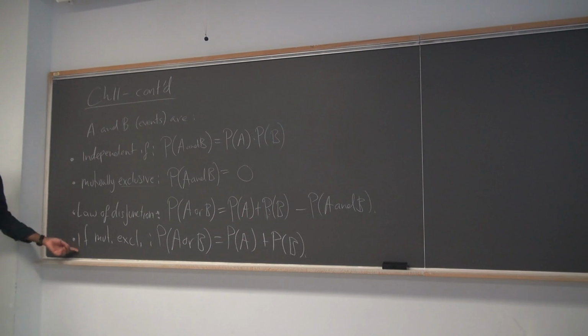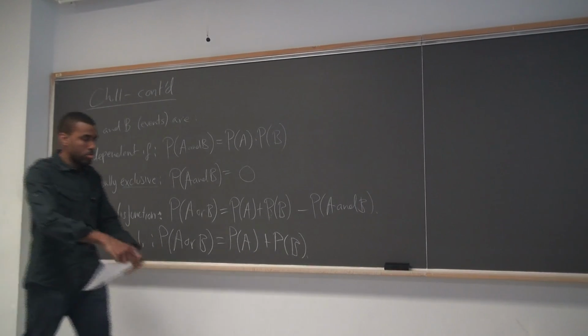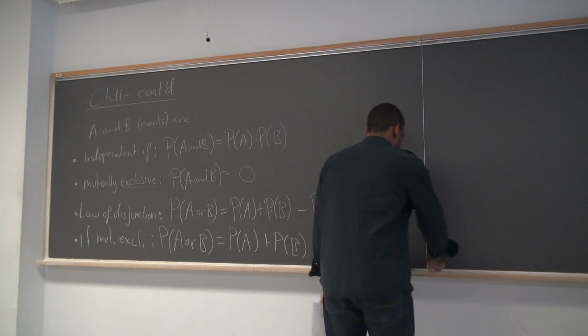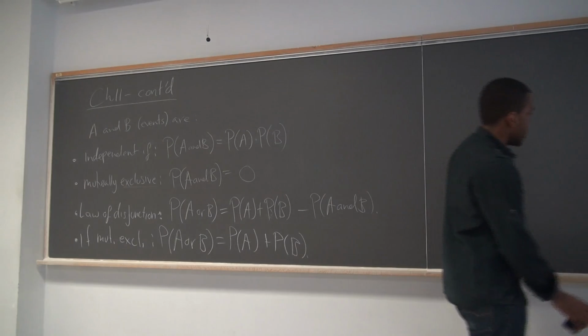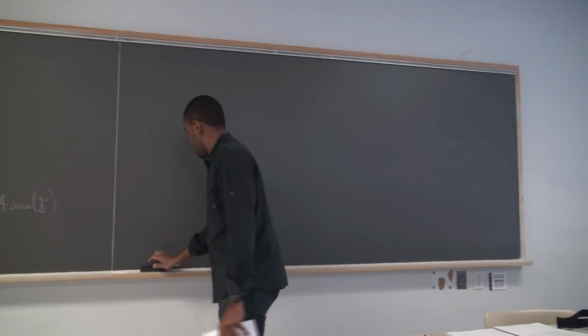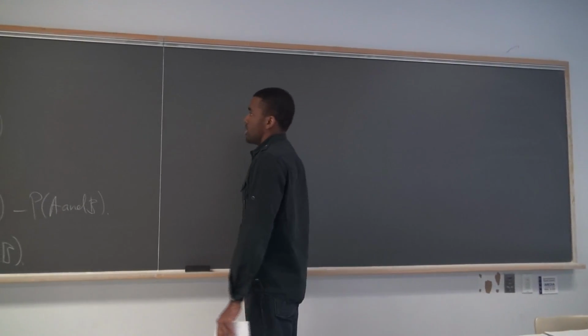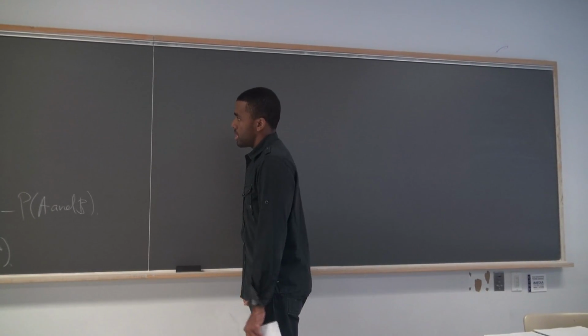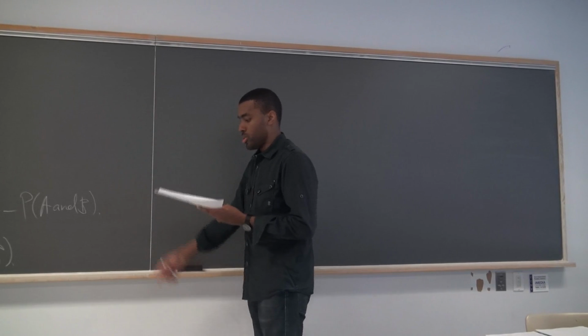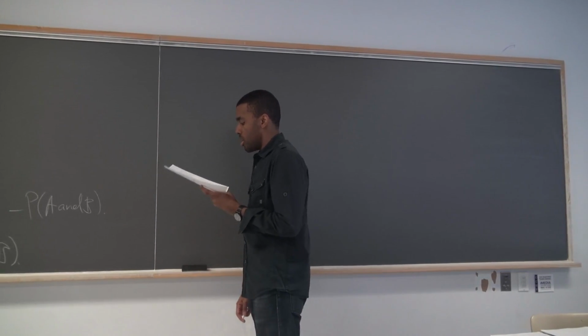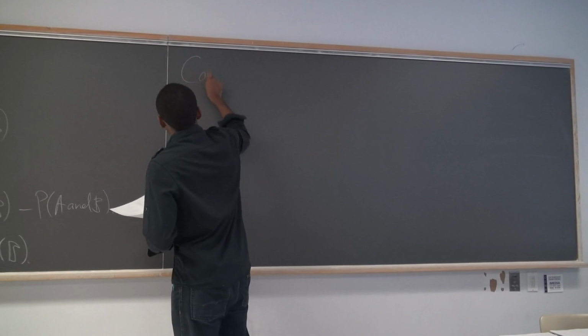That's why back in probability section 1, we could think of and as multiplying and or as adding, because a multi-stage experiment tends to be both if you're only talking about one object. Okay, so those are just some of the things we did, and we did examples where we used all of these. So now we're going to move on to conditional probability.